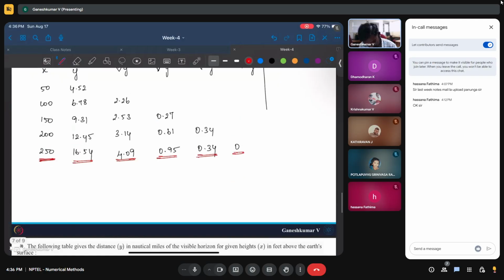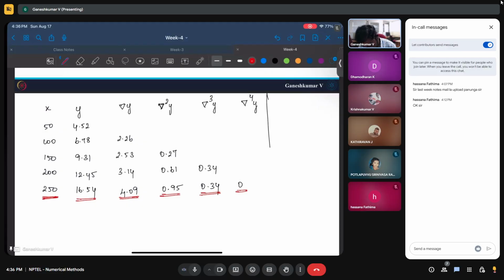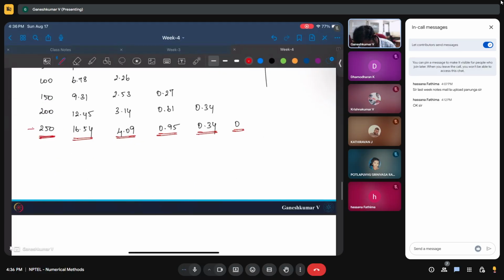Because if this is xn, this is going to be your yn, and this is going to be your nabla yn. This is going to be your nabla square yn. This is going to be your nabla cube yn. This is going to be your nabla 4 yn.